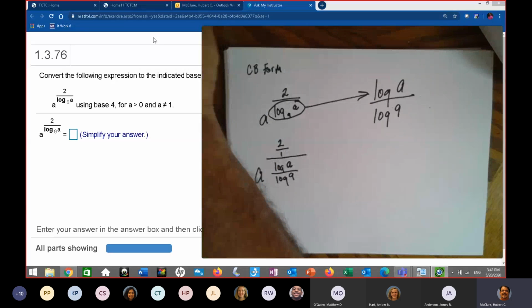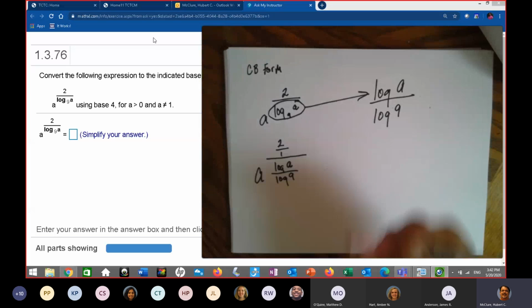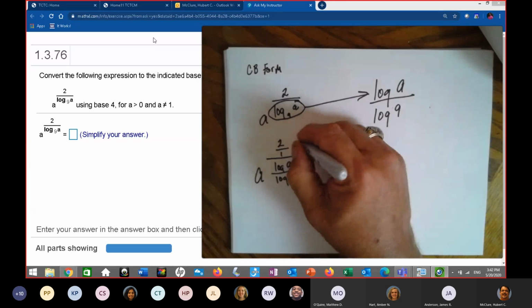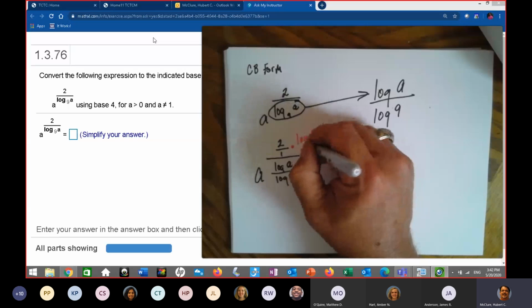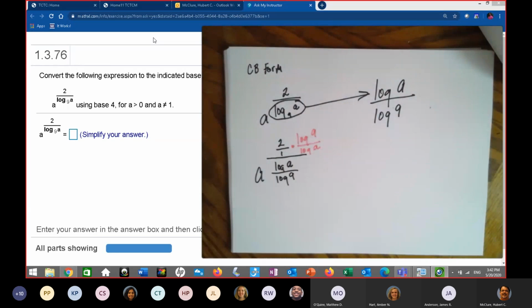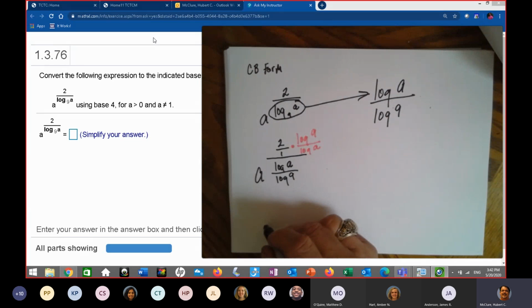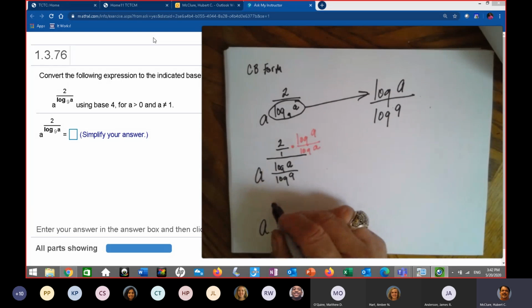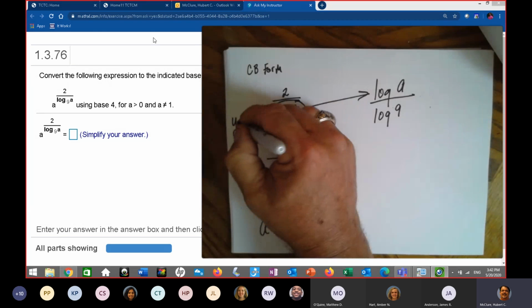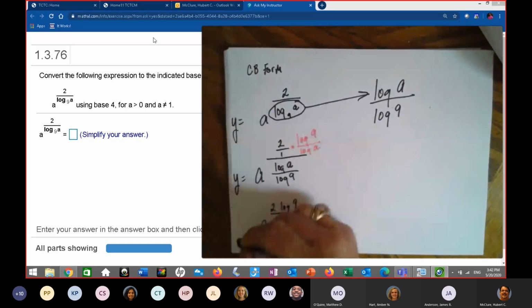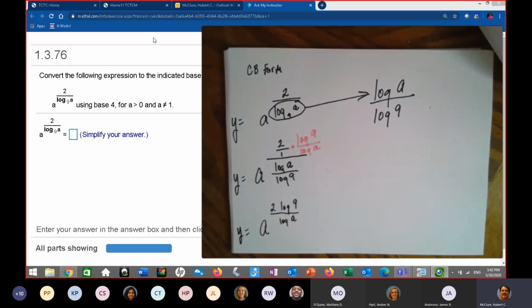So I'm going to take my handy dandy pink, and I'm going to multiply by the log of 9 over the log of A. And that's going to give me A to the 2 log of 9 over the log of A. And of course, the whole time you need to set this equal to Y. That's kind of the first step, setting it equal to Y.